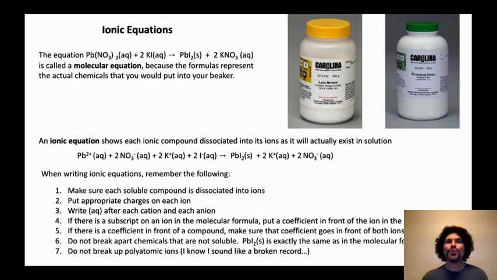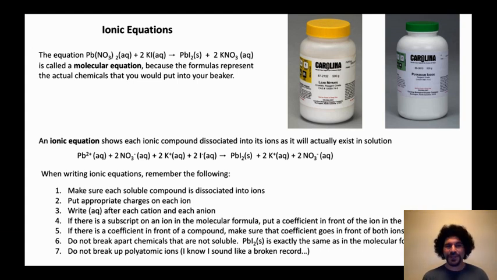Okay, so how did I do this? Well, I'm going to give you 7 rules to remember when writing ionic equations. So the first is make sure each soluble compound is dissociated into ions. Okay, so whenever you have an ionic compound, something that has an aqueous next to it, you're dissociating it into cations and anions. So you have to put the appropriate charges on each ion. The cations are going to have positive charges, but you have to remember some cations are +2, some are +3, etc. The anions are going to have minus charges.